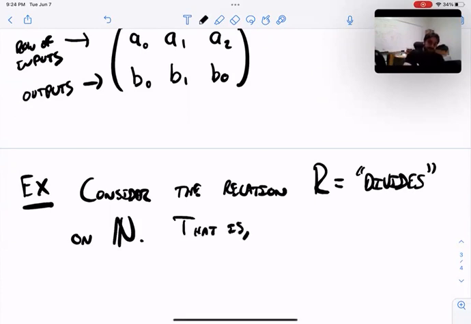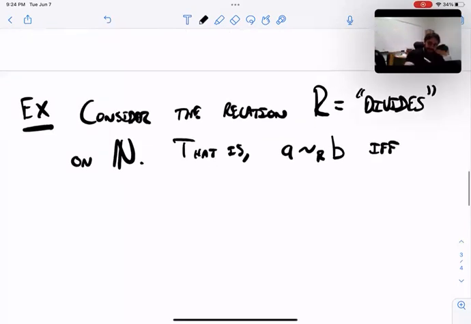Another way to say that is A is related to B if and only if A divides B. If one natural number A divides evenly into another natural number B, then we say A relates to B with this relation.